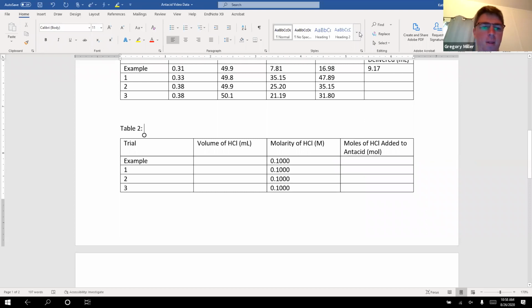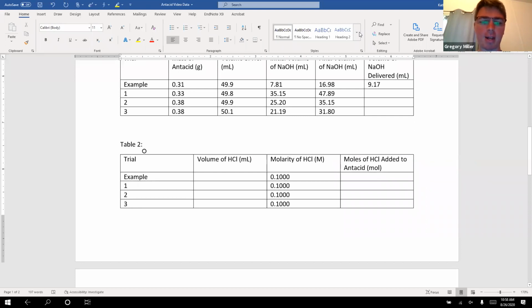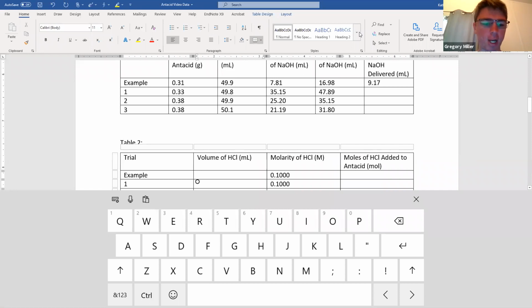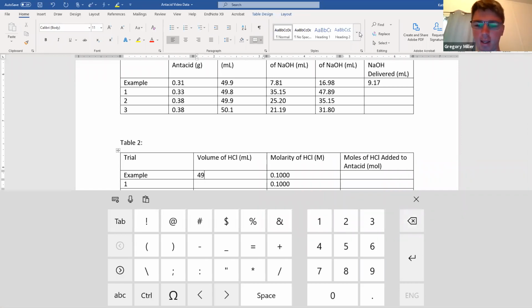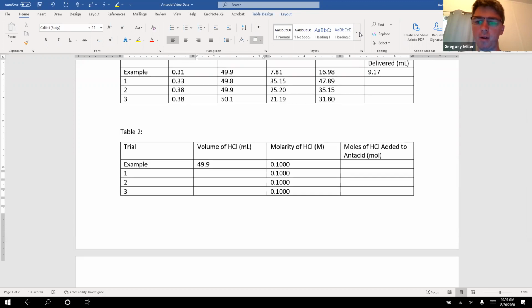Okay. So volume of HCl, that's one of the values we have written down up above. Again, it's just to walk through each individual piece. There's not necessarily all of these things to calculate. The molarity of HCl was provided on the bottle as 0.1000.